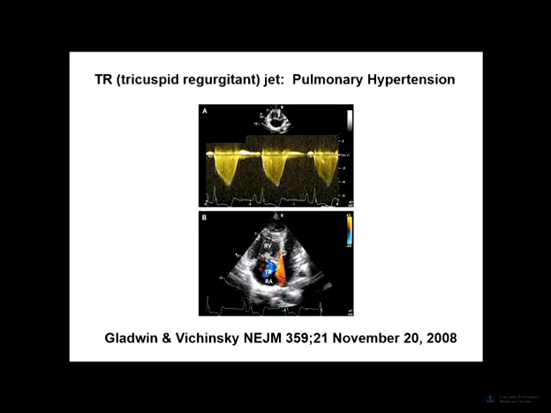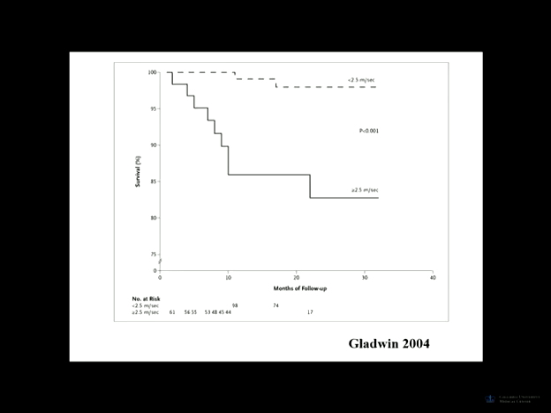Another effect of sickle cell disease is pulmonary hypertension, chronic lung disease causing hypertension in the lung. You can measure this by doing echocardiography. And if you have regurgitation across the tricuspid valve, this is an indication of pulmonary hypertension. And pulmonary hypertension is one of the most lethal complications in adults with sickle cell disease.